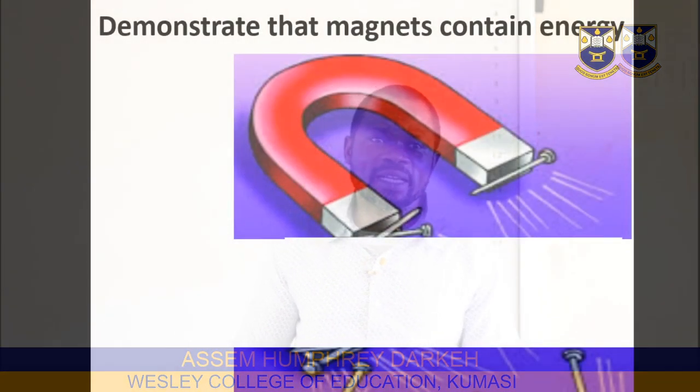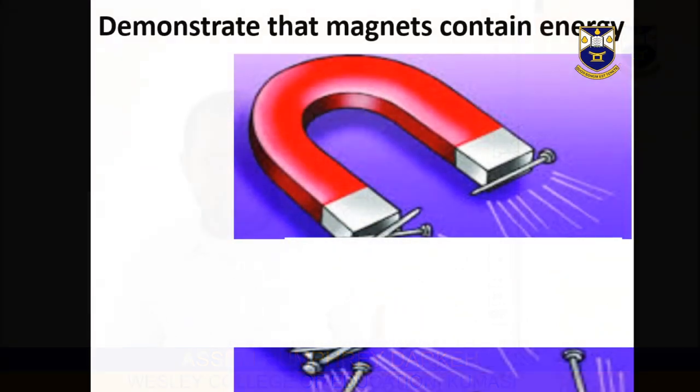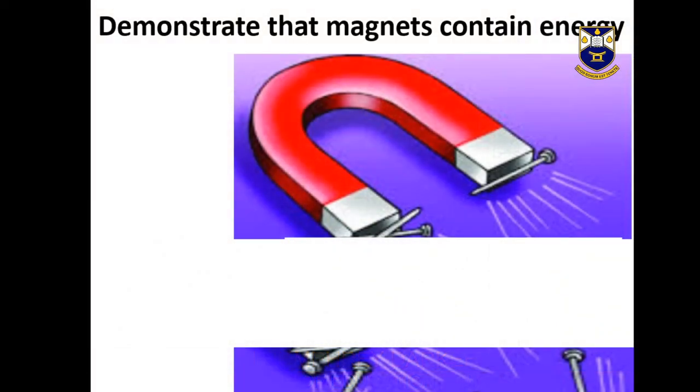And so you realize that when you have some nails and you bring a magnet close to these nails, the nails get attracted to the magnet. Please remember that not all nails are magnetic substances.